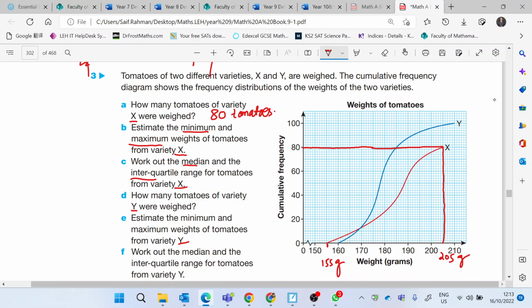Okay, so it was 155 to 205 gram. Median and the interquartile range of tomatoes.